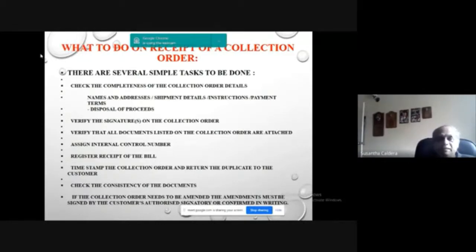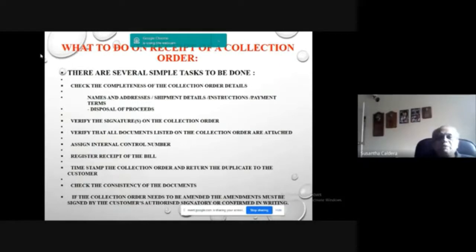That's a prudent bank. Check the completeness of the collection order details: names and addresses, shipment details, instructions, payment terms, right?